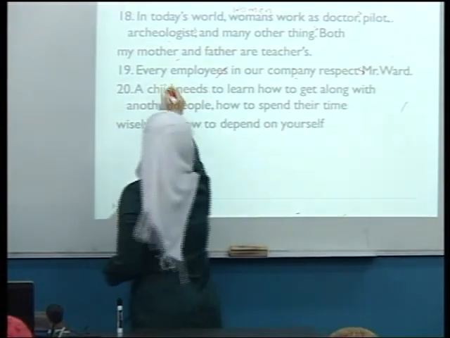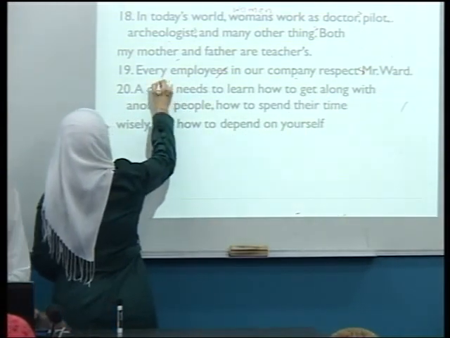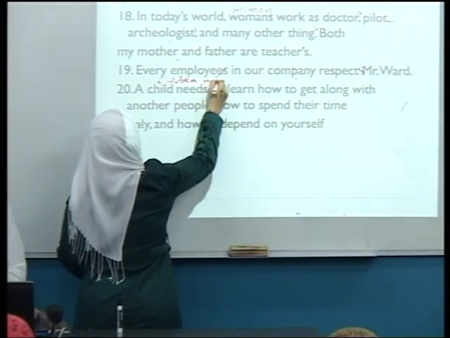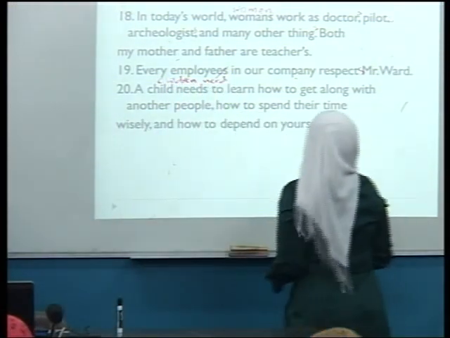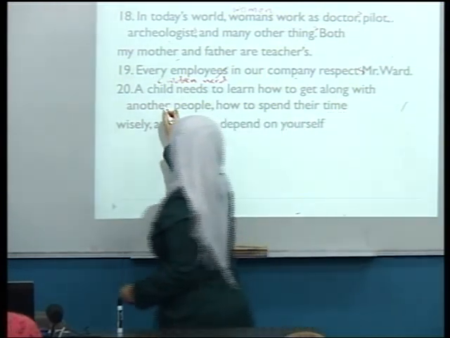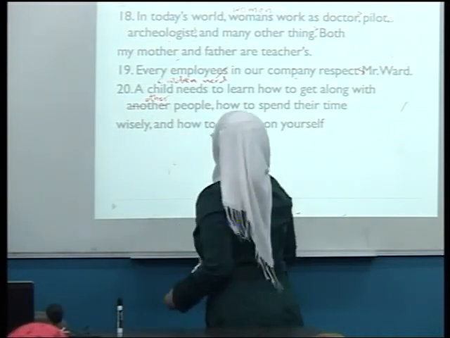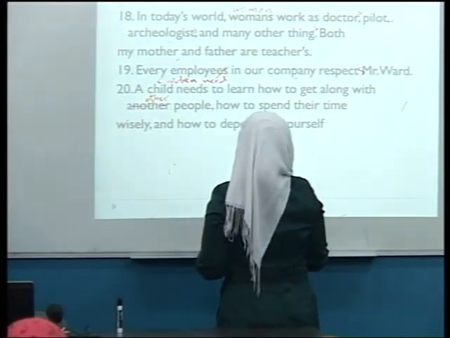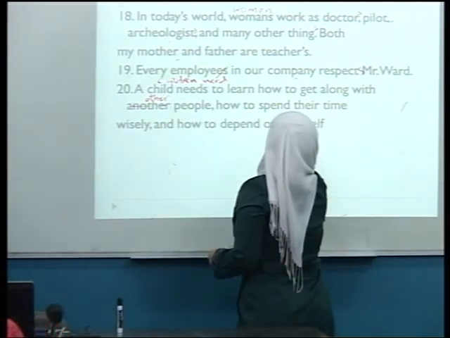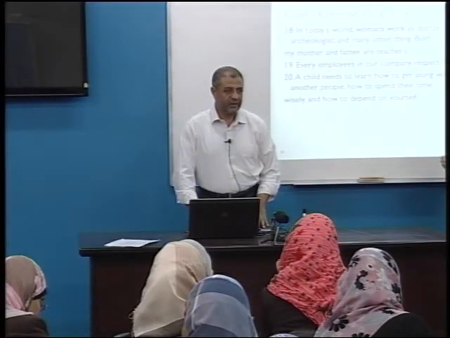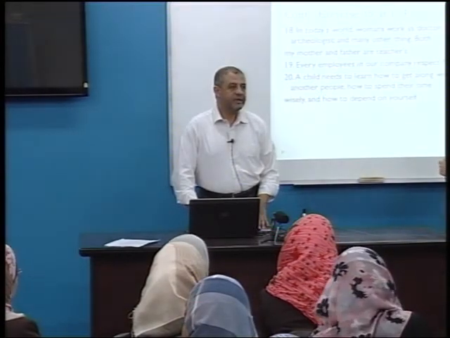So we can say children need. Children need to learn how to get along with other people. Other people, how to spend their time wisely. Good. And how to depend on themselves. Very good. This is also a good answer. Thank you very much.